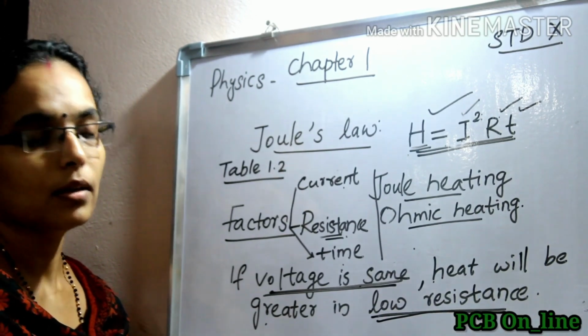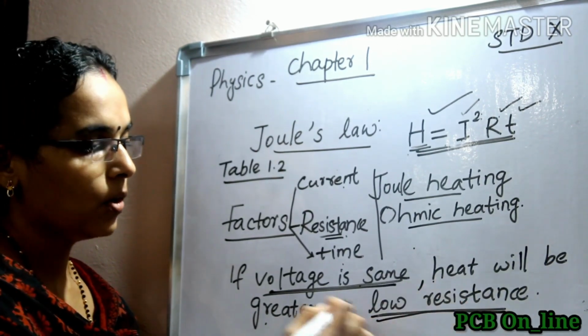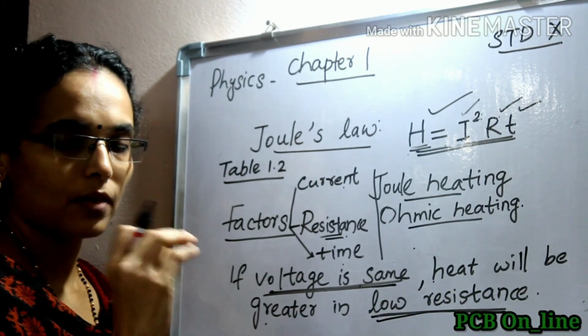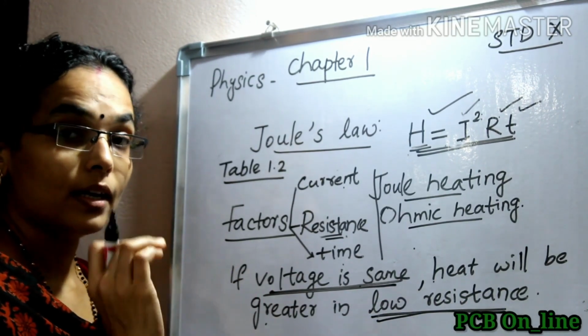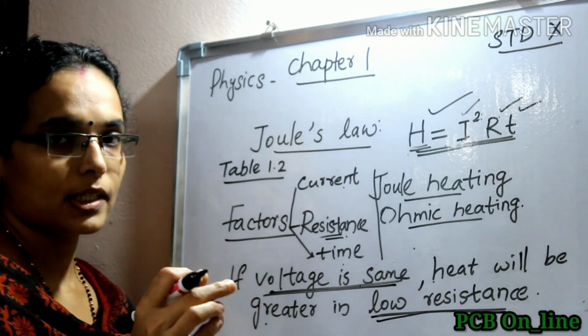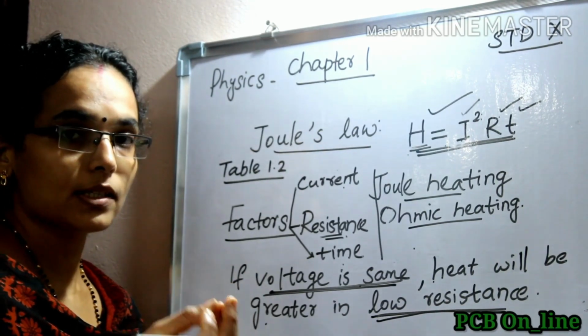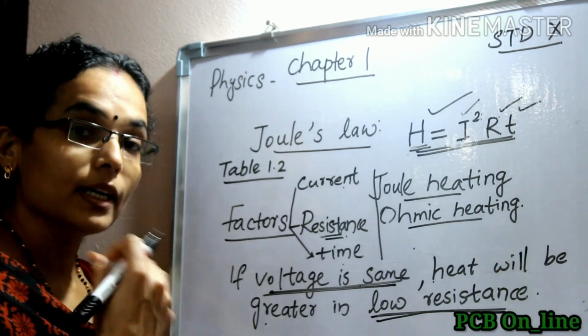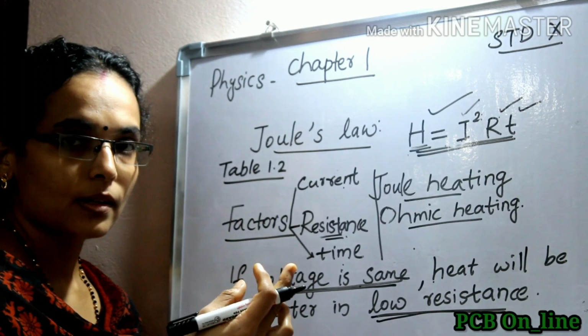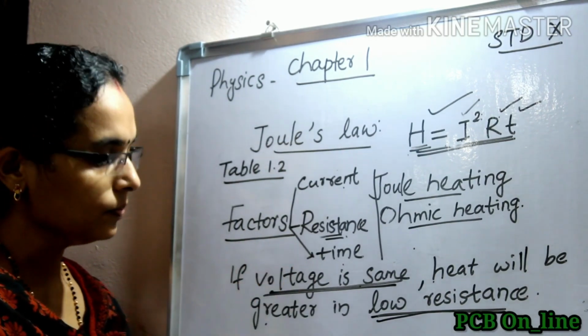It will have more heat energy, because if the same voltage is available for two resistors, then the current will depend on resistance. If resistance is low, the current passing through it will be greater. When current increases, it will influence heat energy.